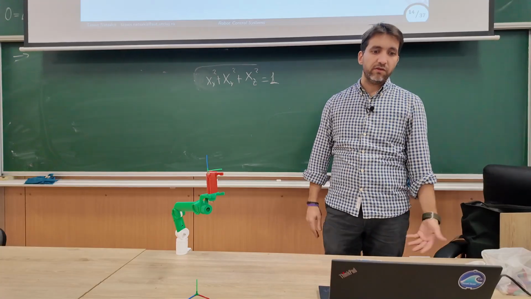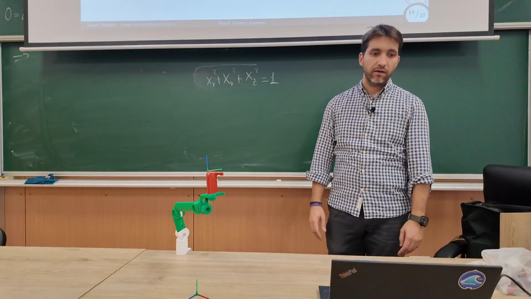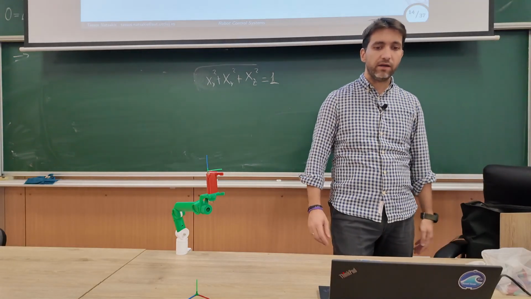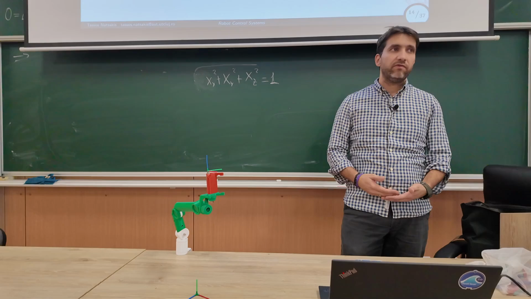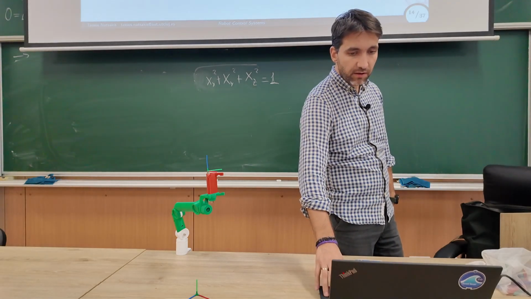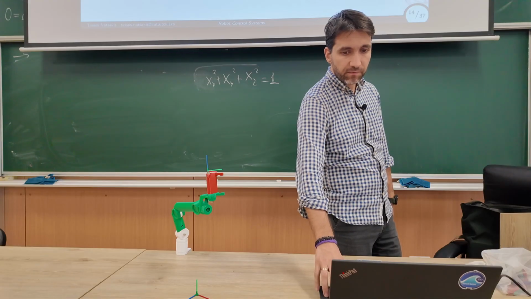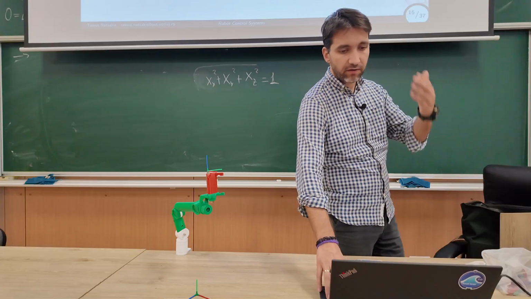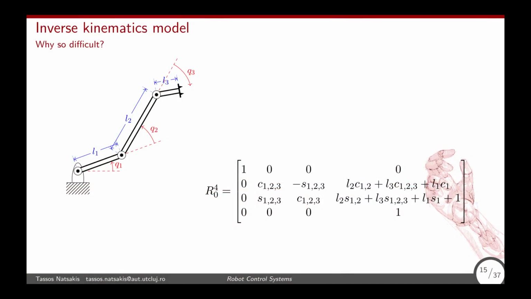All right, but it's also more difficult to derive. Why? First of all, because we first have to define the forward kinematics in order to do the inverse kinematics. So if I have a robot, I first have to do the forward kinematics in order to calculate inverse kinematics.